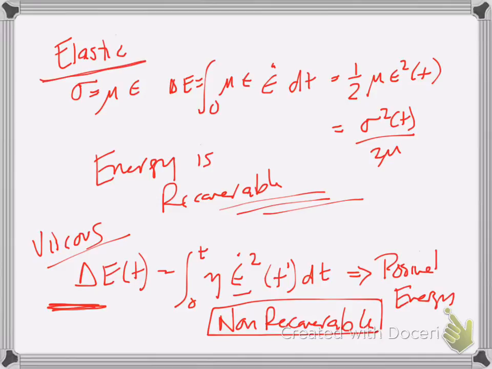So this is where you end up getting the attenuation of seismic energy, for example, in a system, because there is some loss of energy due to the viscous nature. The viscous nature is very subtle for a seismic wave traveling through rock, but there is some non-recoverable energy.